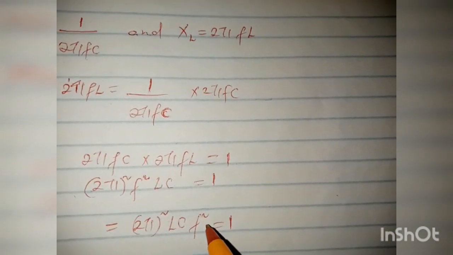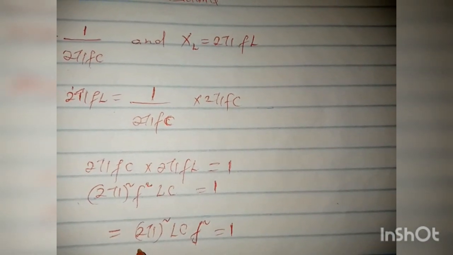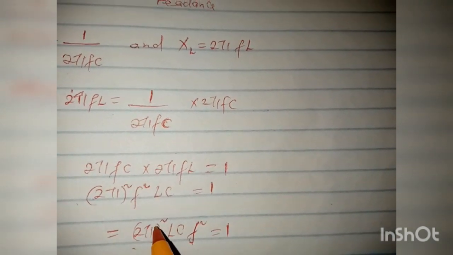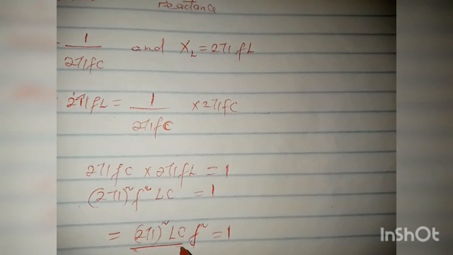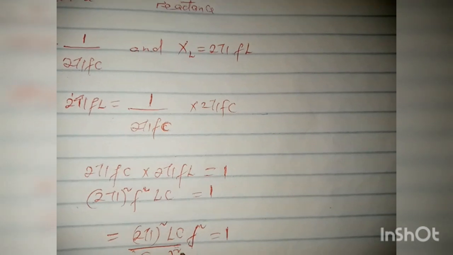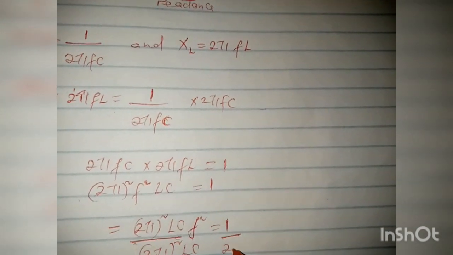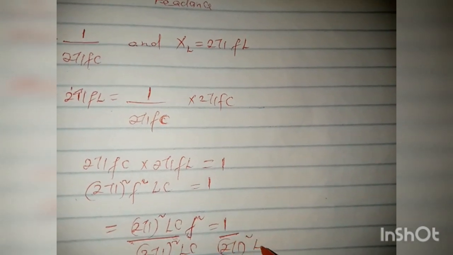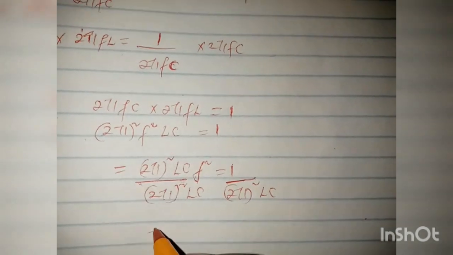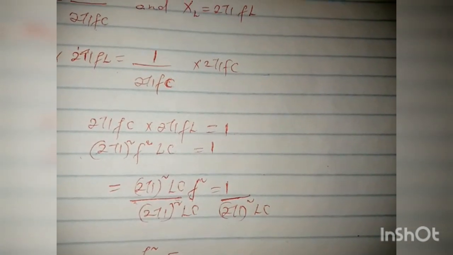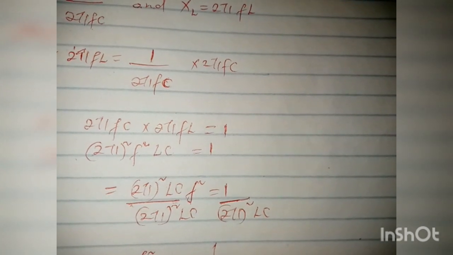To remain with F alone, F squared on this side, we divide both sides by (2 pi) squared LC. And here you have F squared is equal to 1 over (2 pi) squared LC.